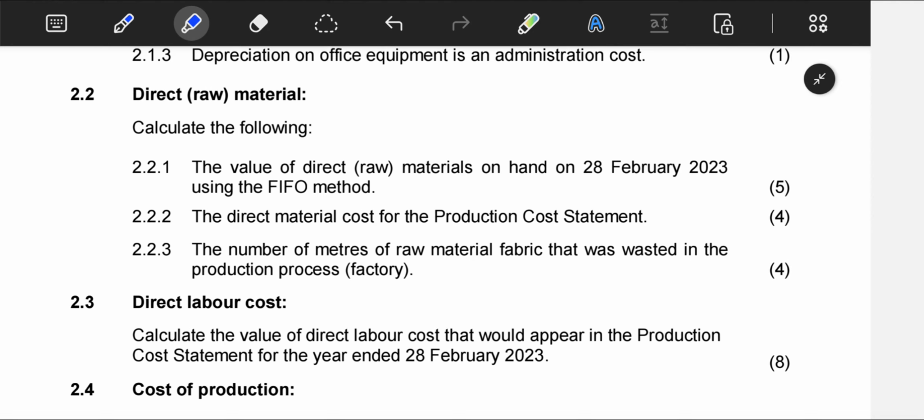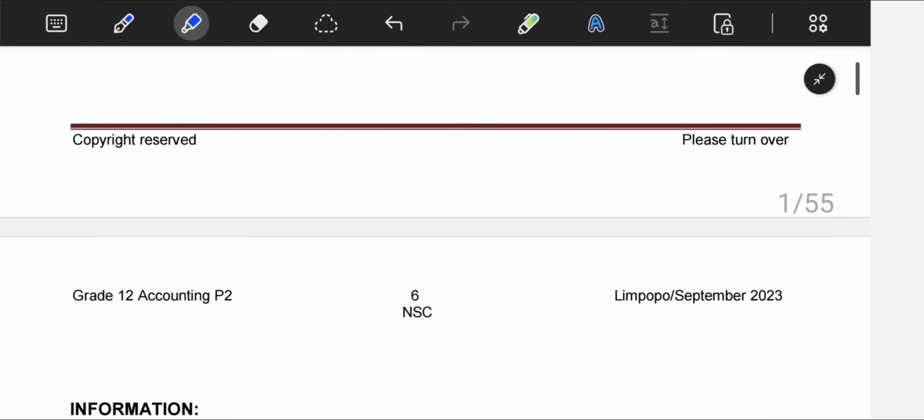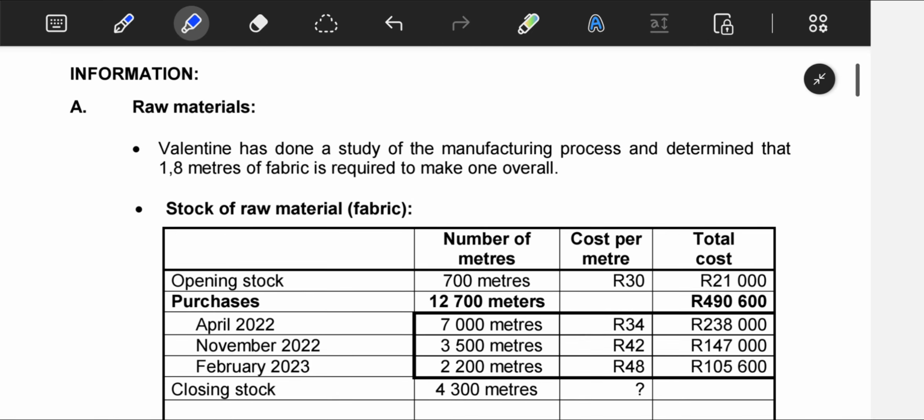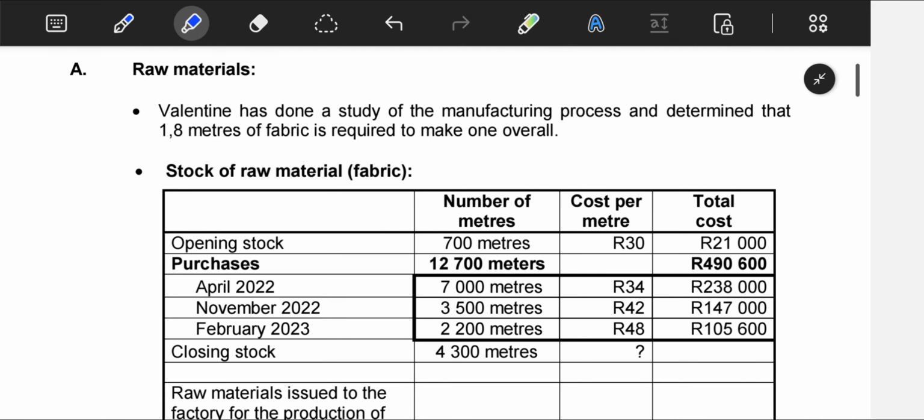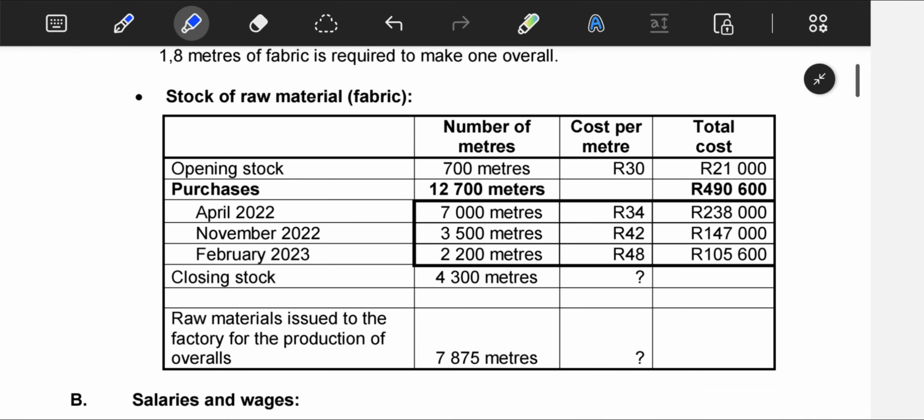Right. Now, let's go and see the information that we have. Here is raw material information. Valentin has done a study of manufacturing process and determined that 1.8 meters of fabric is required to manufacture one overall. Okay. We don't need that information. Right. This is what we need for now.